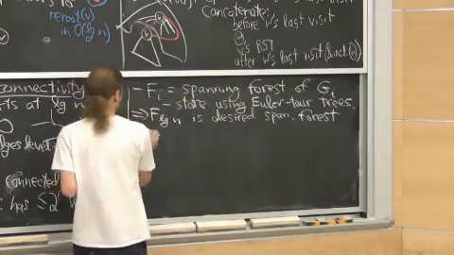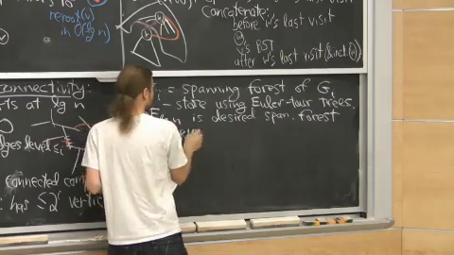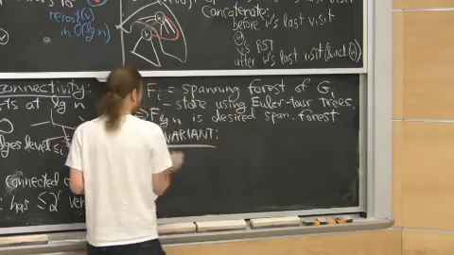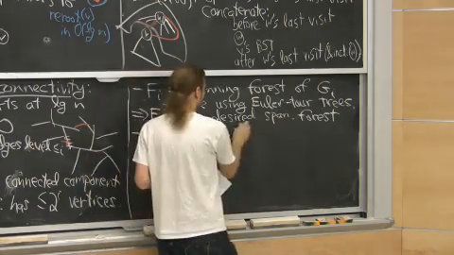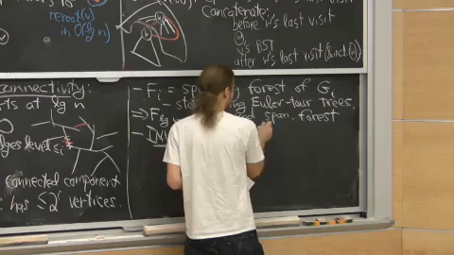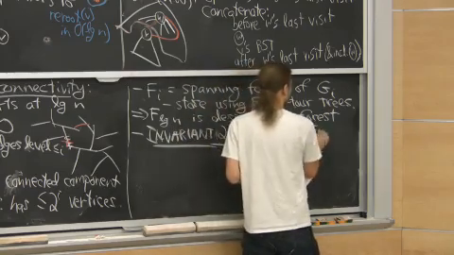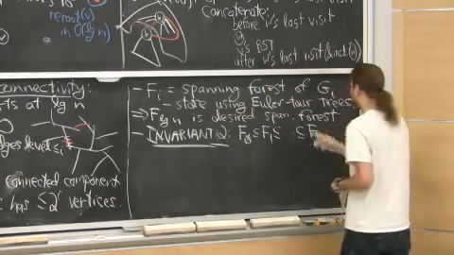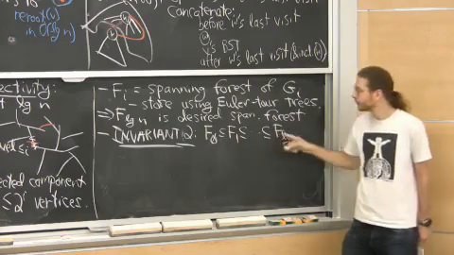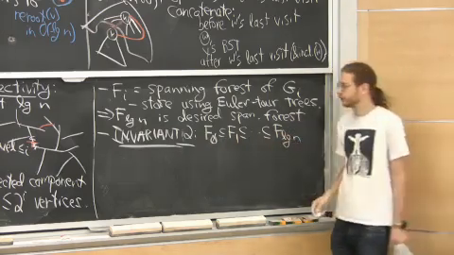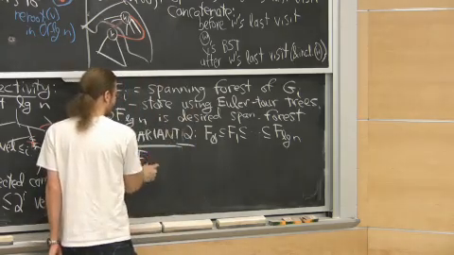OK, now second invariant. This is where things get interesting. Invariant 2. The forests have to nest. So F log n, of course, has the most edges. F0 is going to have the fewest edges, but I want them to be contained in this nested structure. All this is saying is that there's really only one spanning forest, F log n.